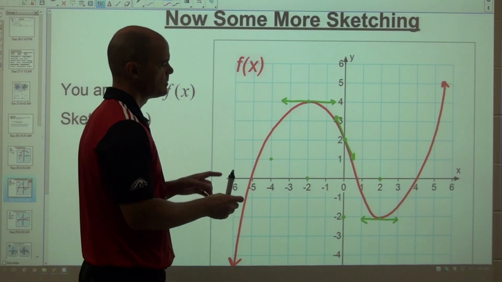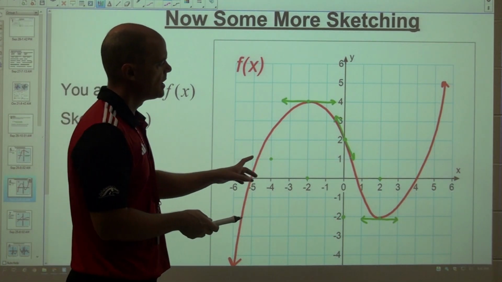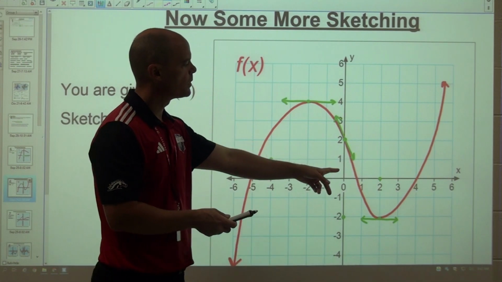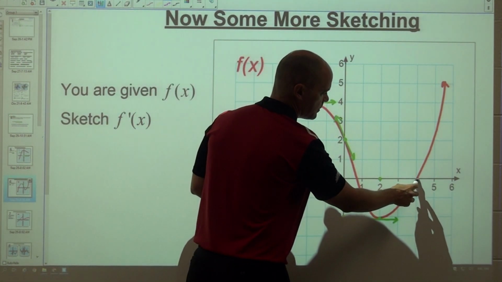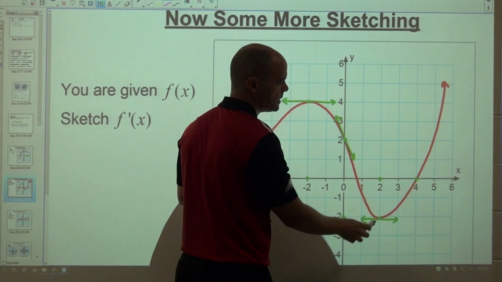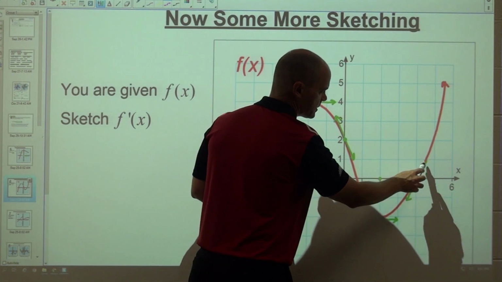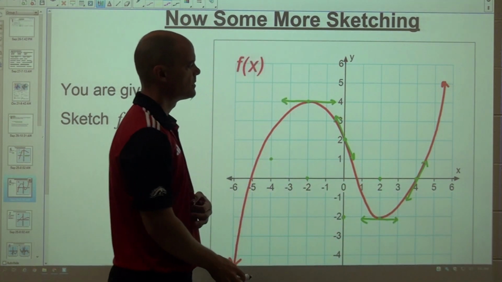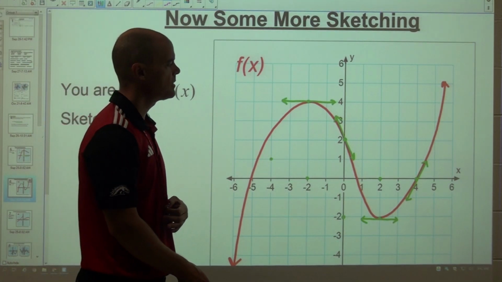And let's just get one more point on here and we'll have an idea of what the shape of this looks like. I'm going to plot a point over here at 4. So following the red curve, let's plot a point right here. And let's draw that tangent line. Basically follows the curve if we stay close. How steep is that, would you say?